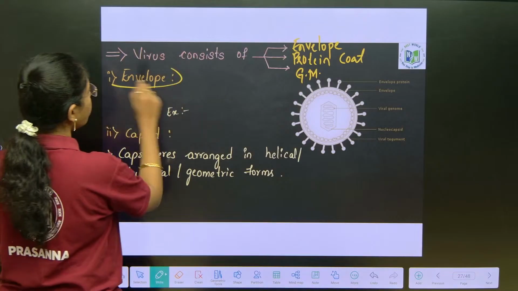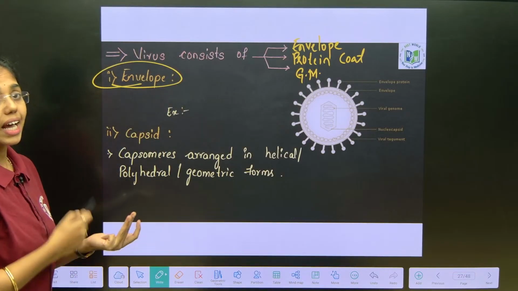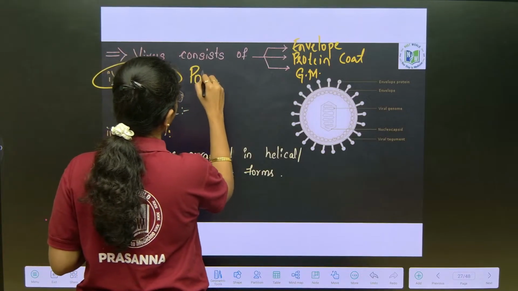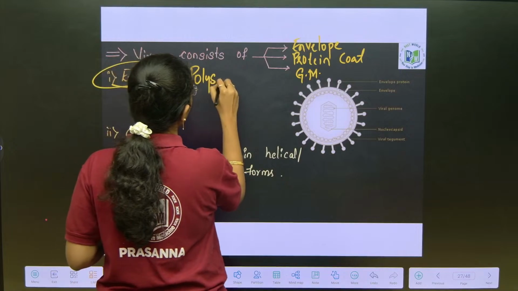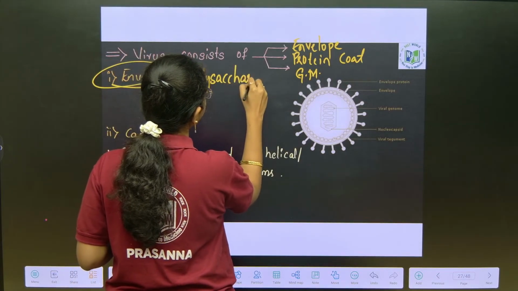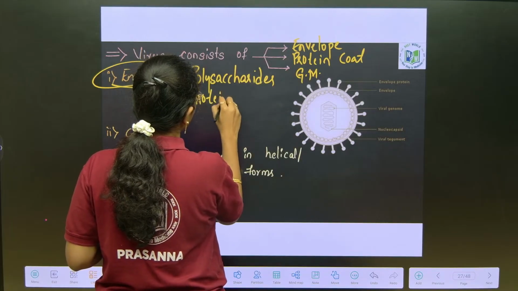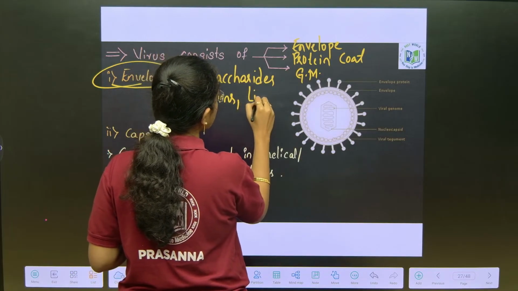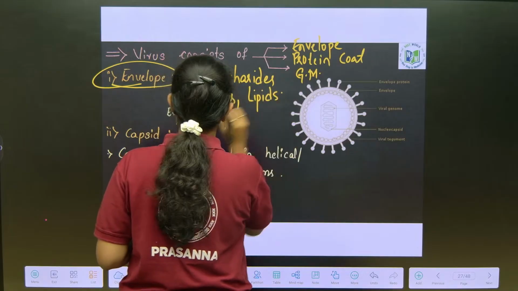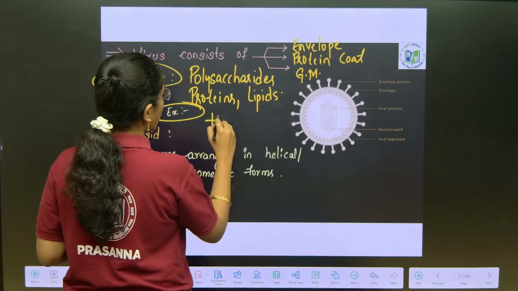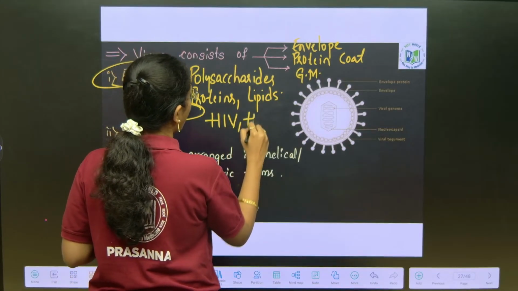The viral envelope is made up of polysaccharides, proteins and lipids, any of these constituents. Examples of enveloped viruses include HIV or herpes virus.